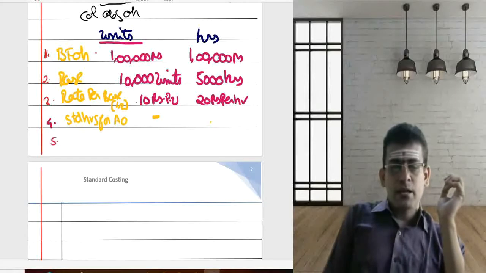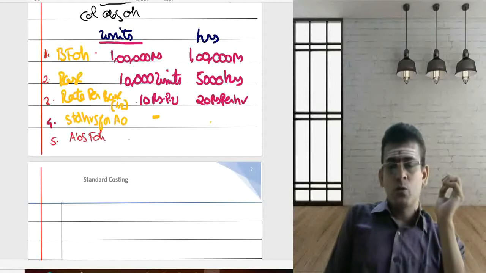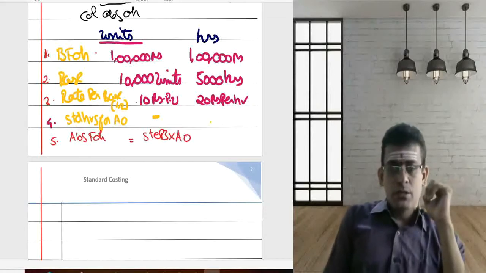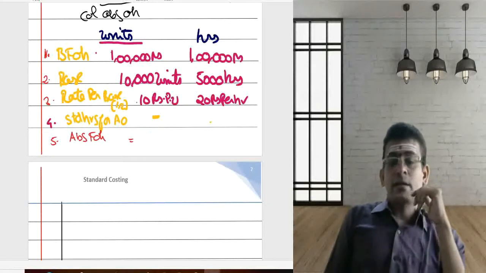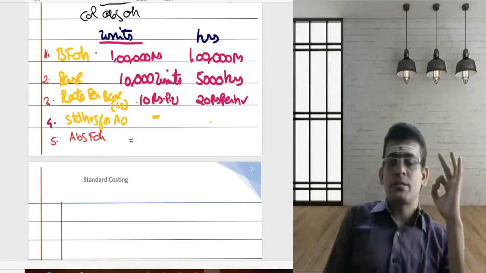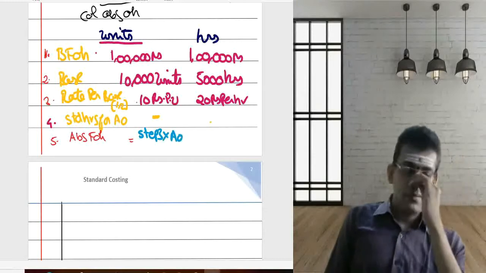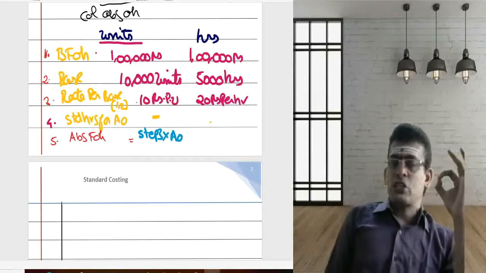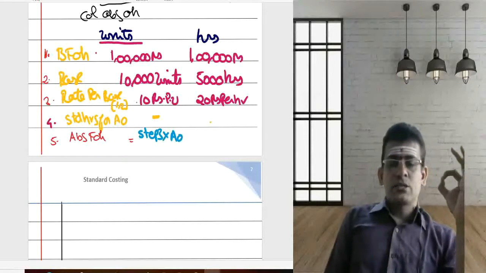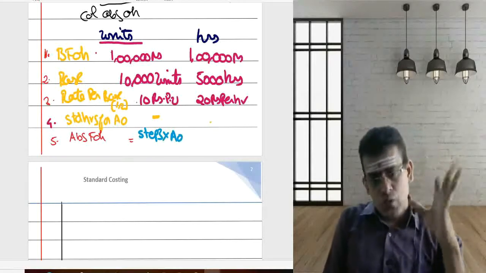Now, the fifth step is nothing but the calculation of absorbed fixed overhead. So what we are going to do here is step 3 multiplied by actual output. See what I am trying to do. When I calculate the absorbed fixed overhead based upon units, I am calculating step 3 into actual output. Let us consider your actual output is 20,000.